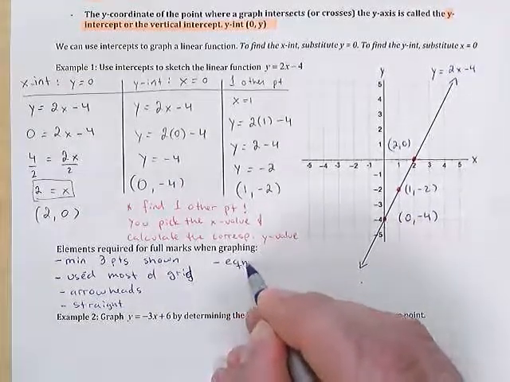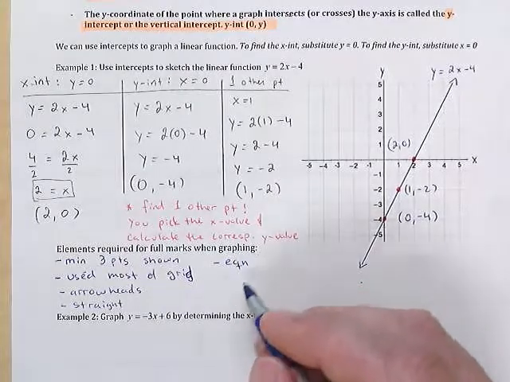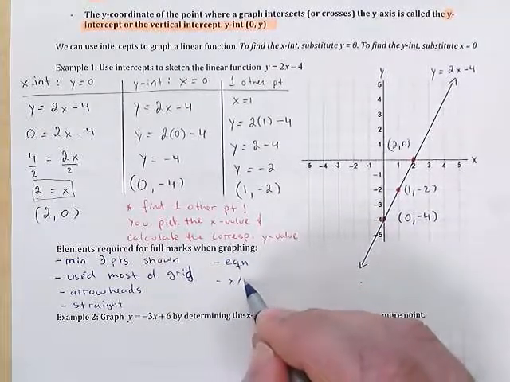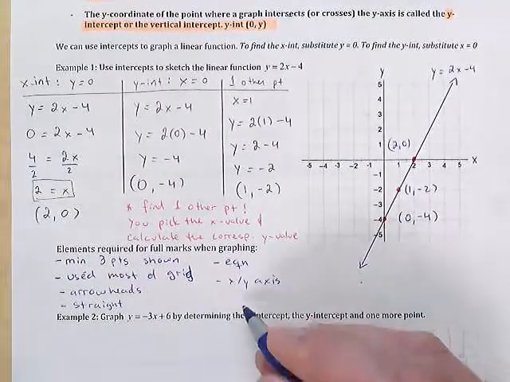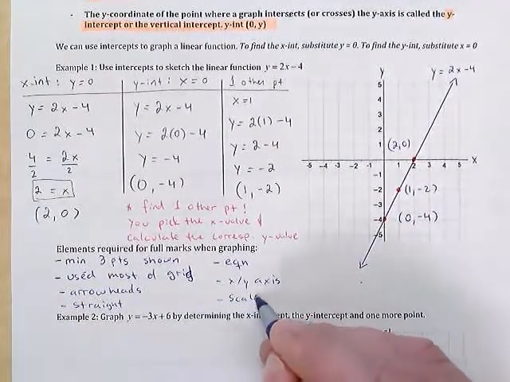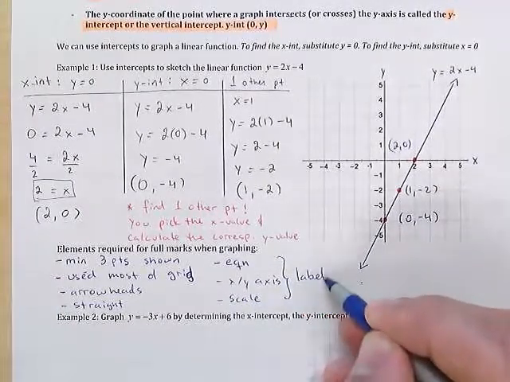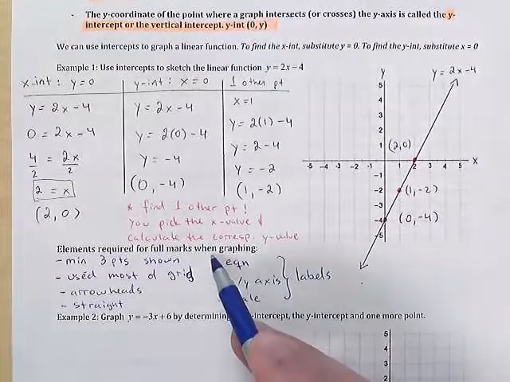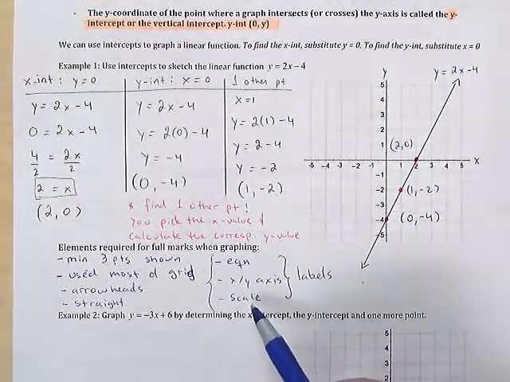Equation, right? X, Y axis, and scale. When it comes to labels, it's these three that I want you to have in there for sure.